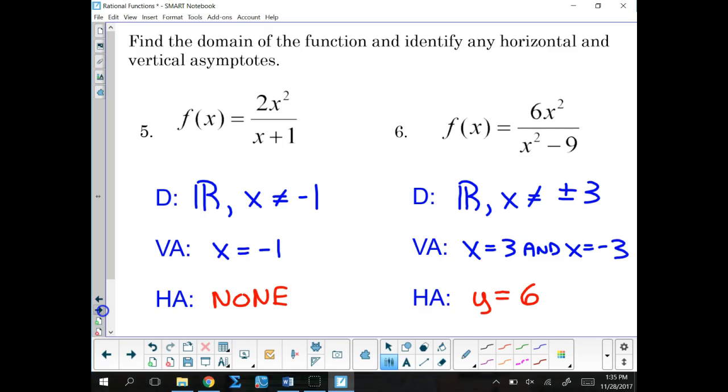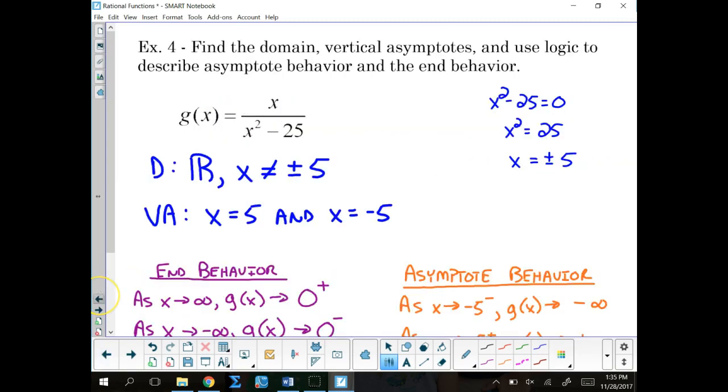Lexi, you were asking for a shortcut before. Okay? For your end behavior, the horizontal asymptote is what the function goes to at the extremes. So back here on this one where we found end behavior, our end behavior went to 0 from above and 0 from below.